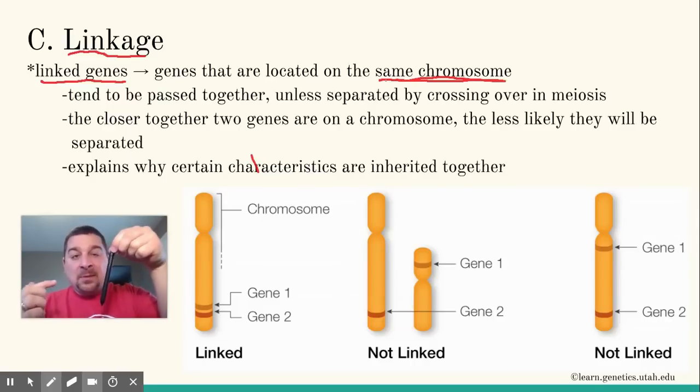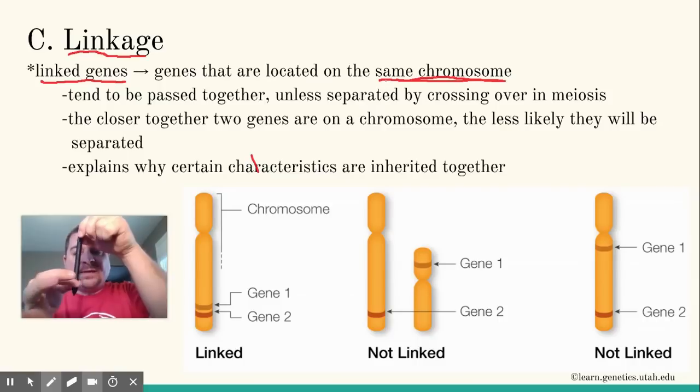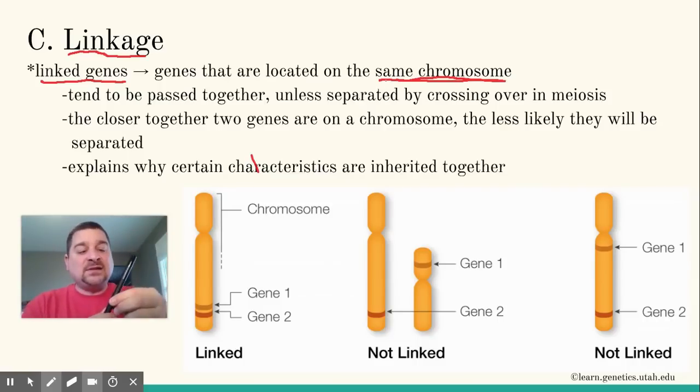Remember Mendel's law of independent assortment said all factors, or units of inheritance, will segregate independently of each other. That's not always true if they're on the same chromosome. Chromosomes will be passed independent of each other, but if things are on the same chromosome, they'll be passed together.